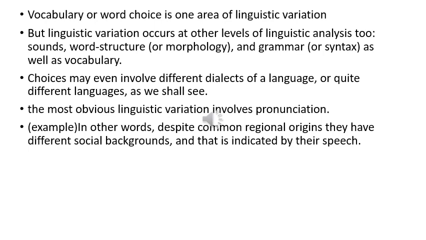So linguistic variations don't occur at just one level. That is not just within the vocabulary or word, that is lexical choices, but it may also occur in sounds, as I've already explained, as well as in word structure, that is morphology, and in grammar, or you can say syntax, the way the sentence structure is formed, and obviously vocabulary as well.